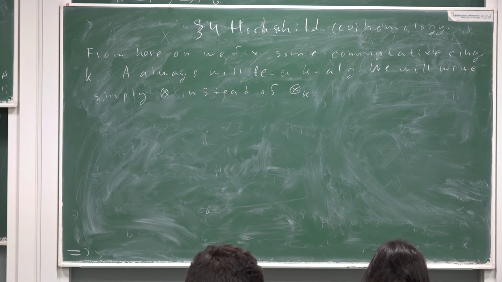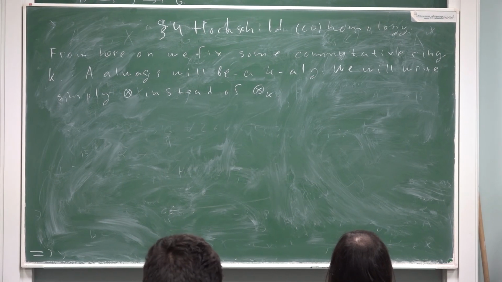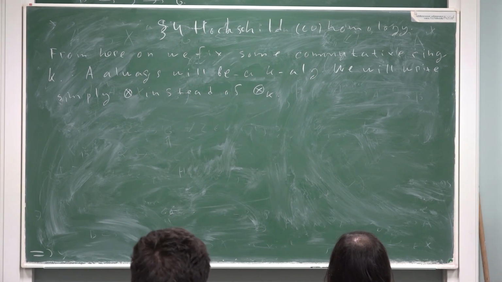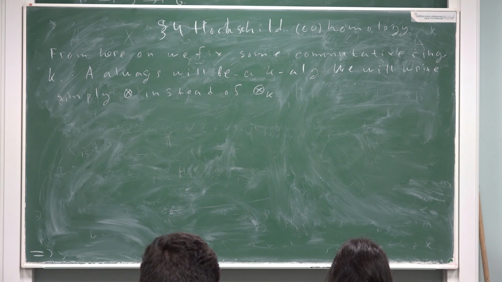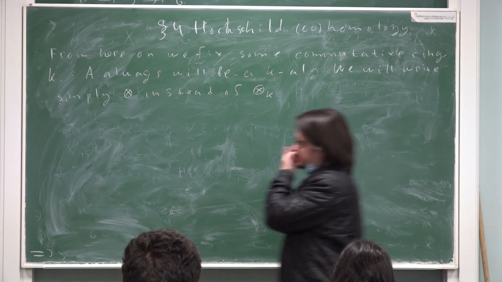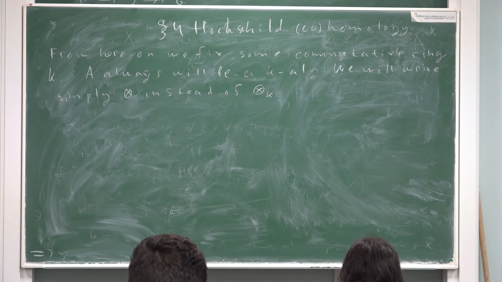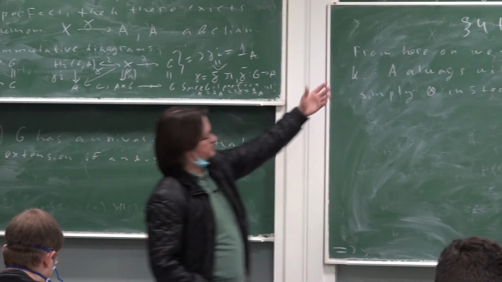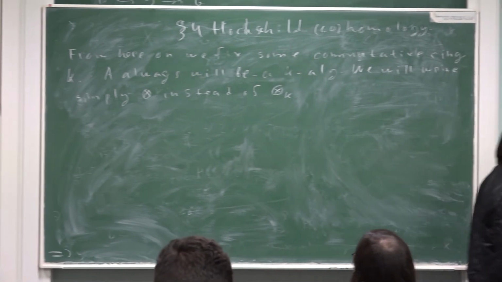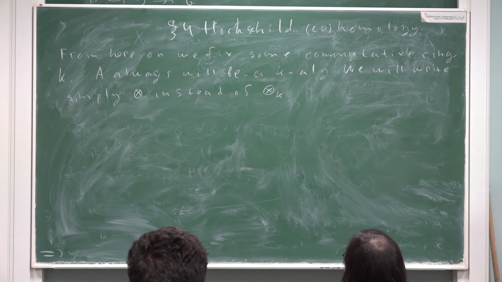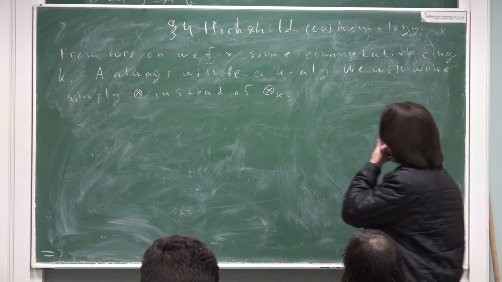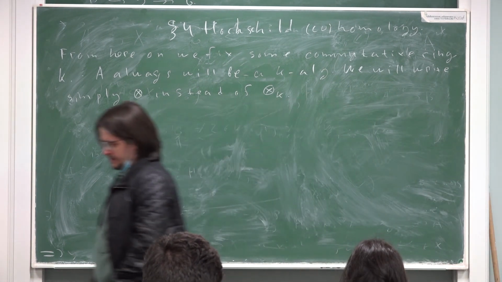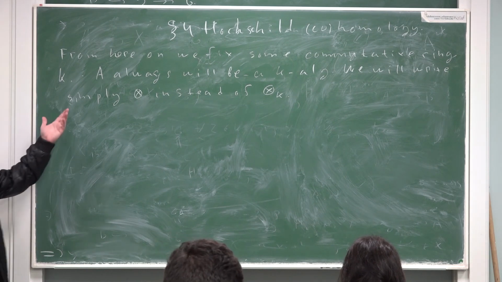You know, yes? It's like a K module that has a structure of a ring. It always has 1 by our assumption, the unity. Then there is a map from K to A that sends alpha to alpha times 1, and so on.